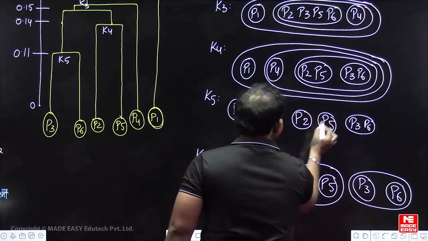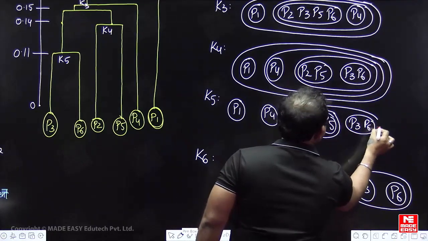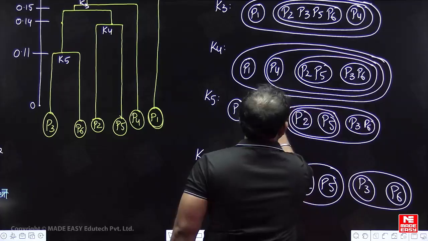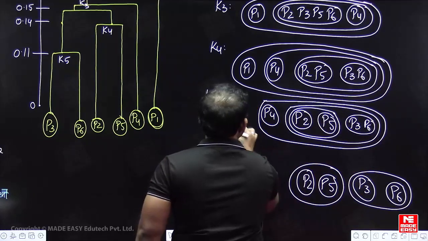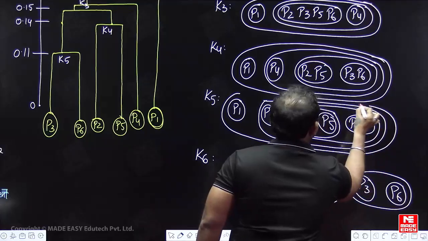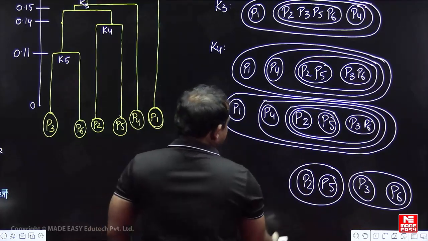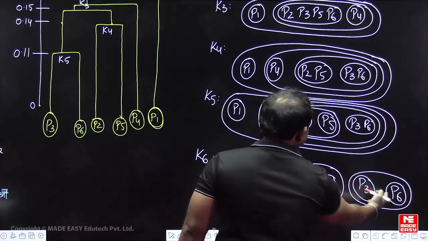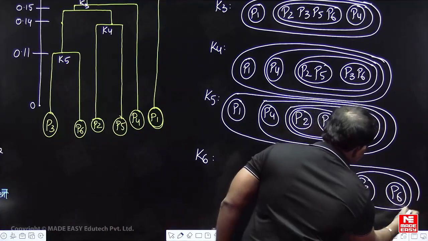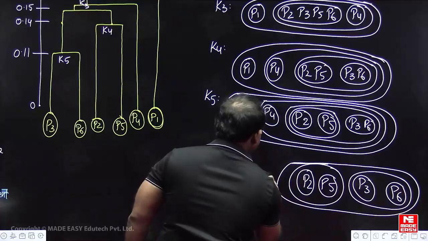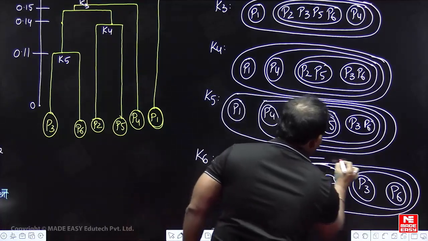Cluster drawing. This is 2. Yeah, this is right. Now P2, P5, P3, P6. Now these are present in one cluster. Then after that P4. Again these all are present in one cluster.